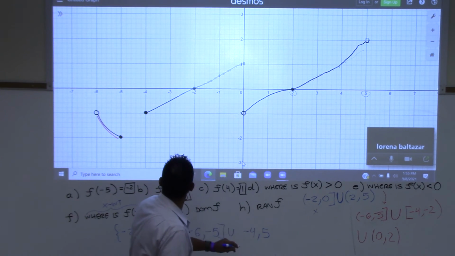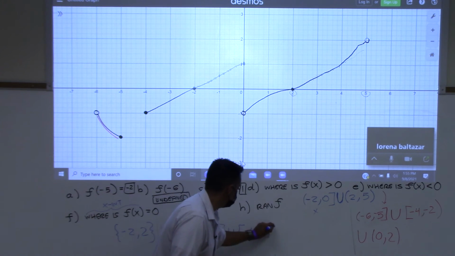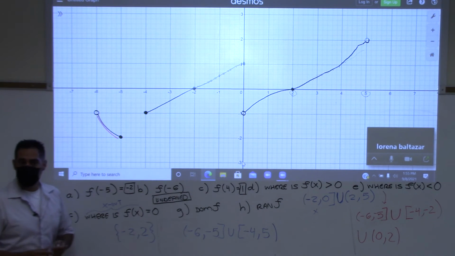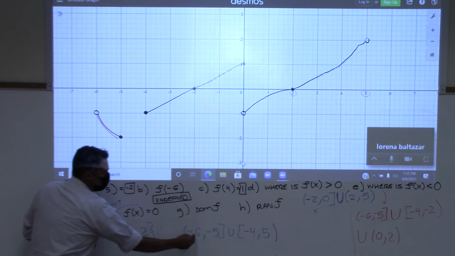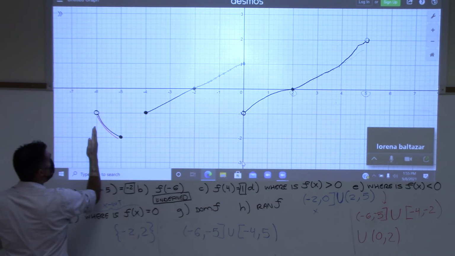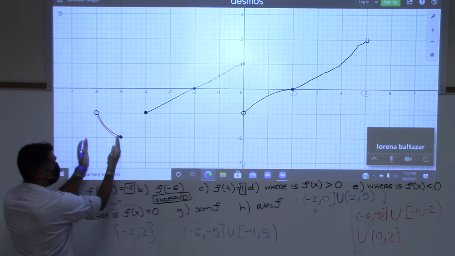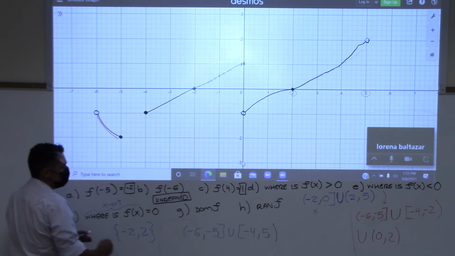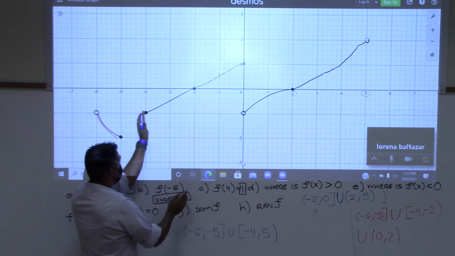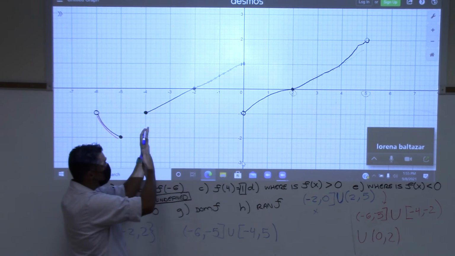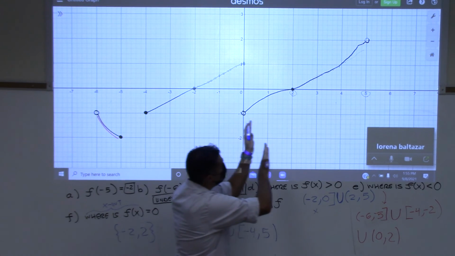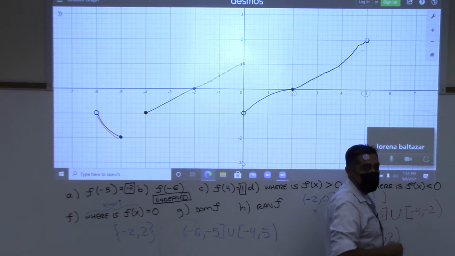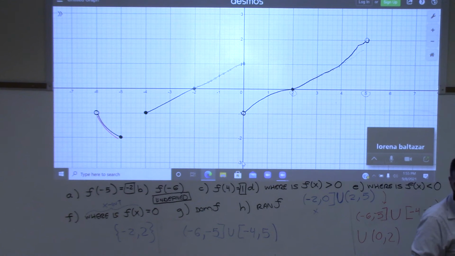Bracket on the -4, and parenthesis on the 5. There you go, perfect. So if you look between -6 and -5, not including -6, but including -5, you will have graph. And then starting at -4, including -4, all the way down till you get to 5, but not including 5, you will have graph.